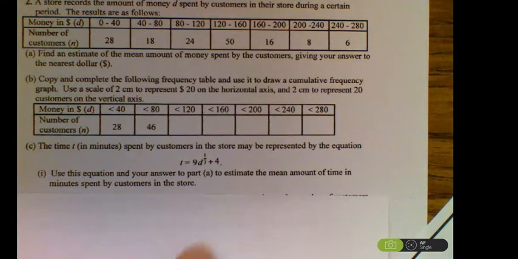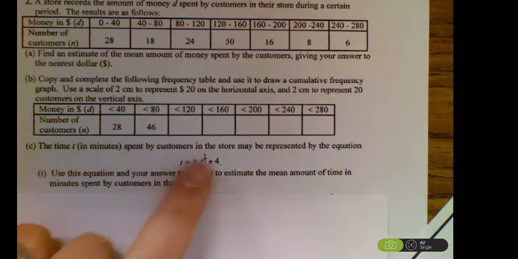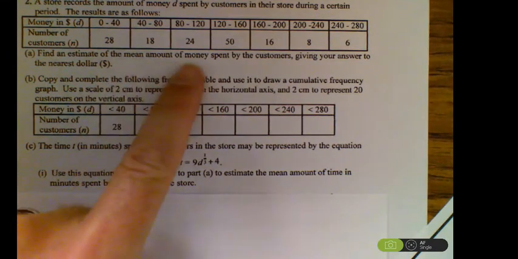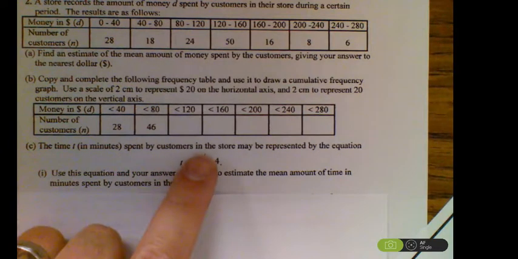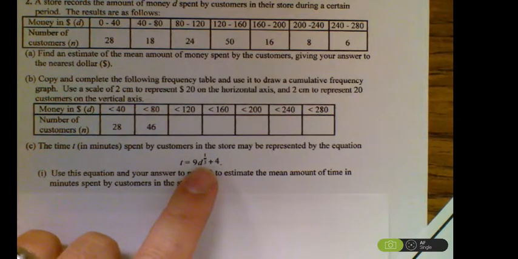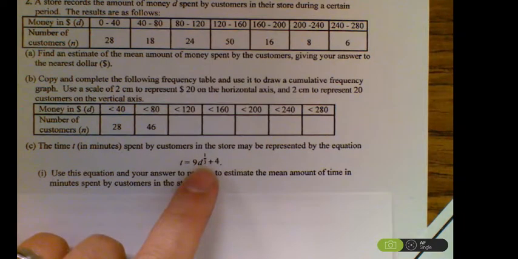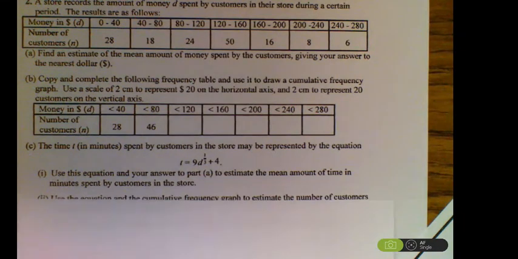We're going to take our answer from part A and put it in for D, which was dollars. Remember, in part A we had the average amount of dollars spent, which was about 115. So if we take our 115 and sub it in for D, we can figure out the average amount of time they would spend. So we just plug in the 115.